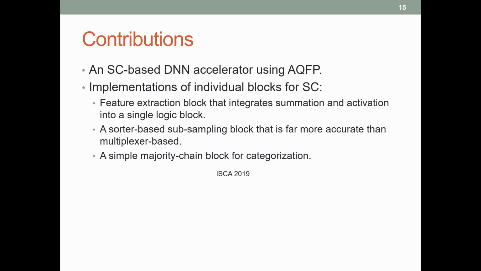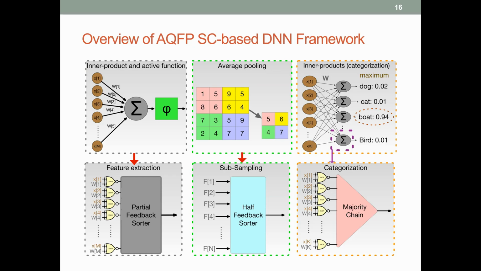For pooling, we developed a sorter-based sub-sampling block that is much more accurate compared with the previous multiplexer-based one, and it is very suitable for AQFP. And for the fully connected layers, we developed a simple majority chain block for classification. This one got accepted at ISCA last year.